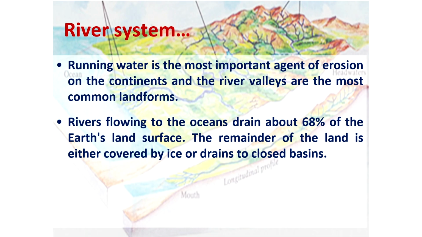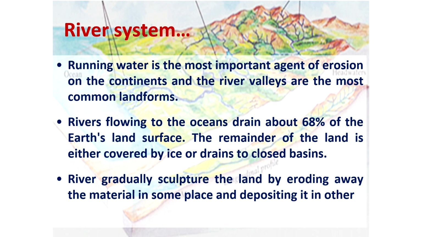The remainder of the land is either covered by ice or drained to closed basins. Now, these rivers or the drainage have the capability to gradually sculpt the land by eroding away material in one place and depositing it in another place.